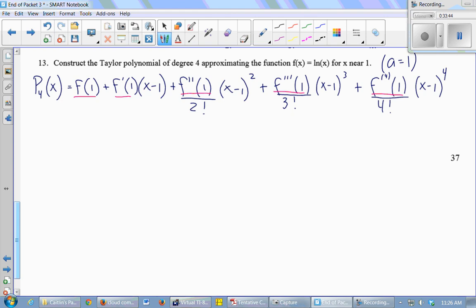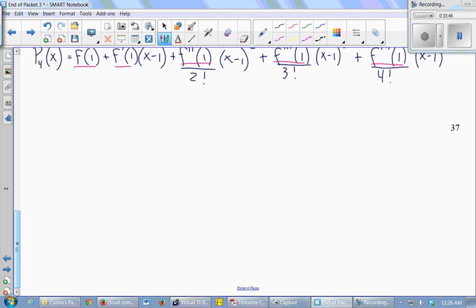And f of x is ln x, right? So I'm going to write down my derivatives here, which means that f prime of x, the derivative of ln, is 1 over x, and f double prime is negative 1 over x squared. Just do the power rule.